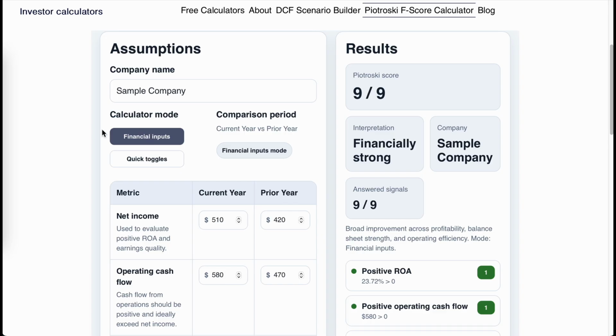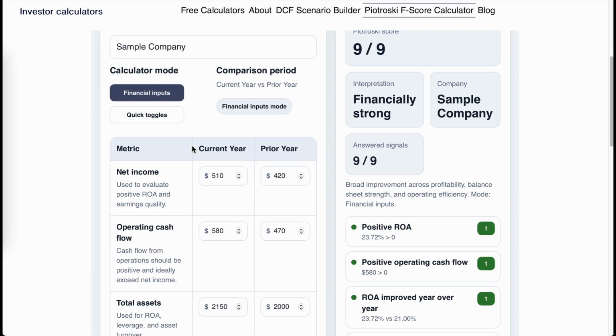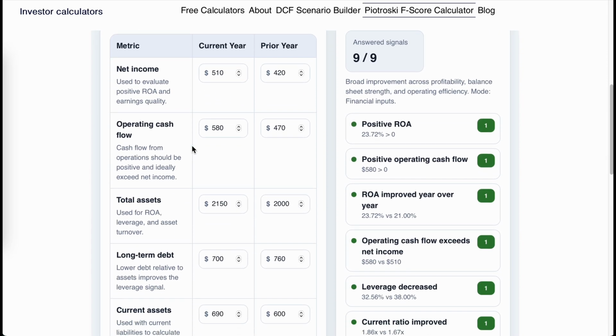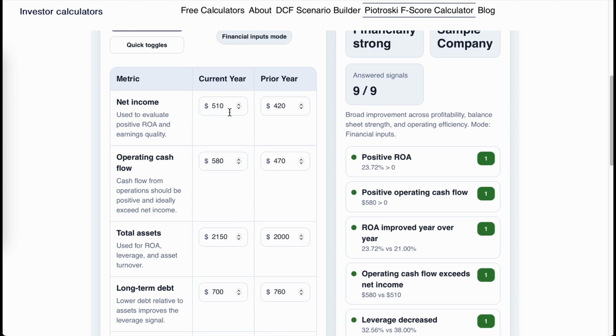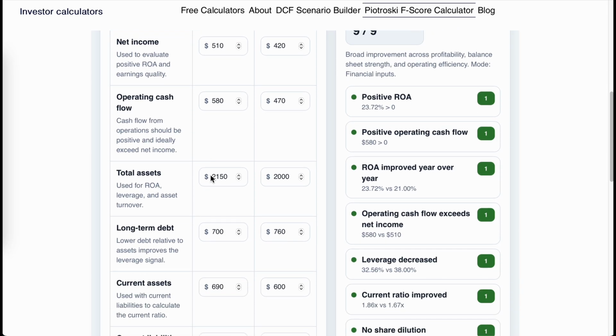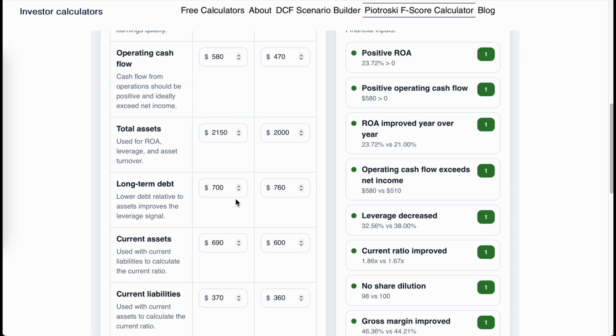So there are two options of how you can use this calculator. You can input financial numbers from the income statement and from the balance sheet. As you can see, net income should be higher in the current year than in the previous year. This is +1 point. Then the operating cash flow should be higher. Total assets should also be higher. Lower long-term debt: if the debt is rising, then you get a lower point.